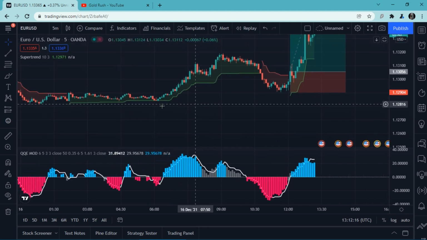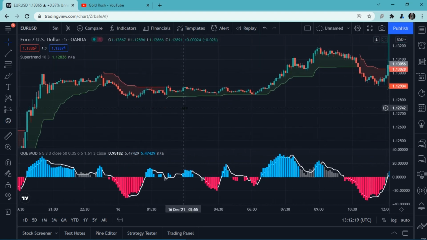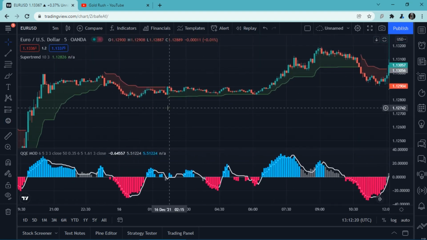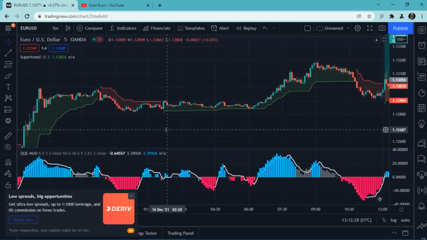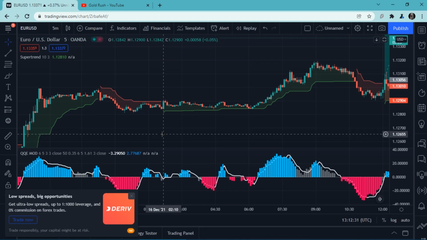So another example. Let's see this one. Okay, yeah, this is it. Okay, another signal. This one is empty, ash, empty, basically the same thing.